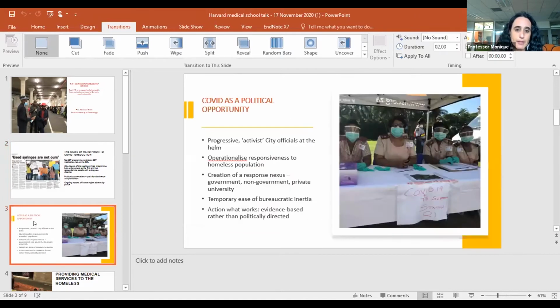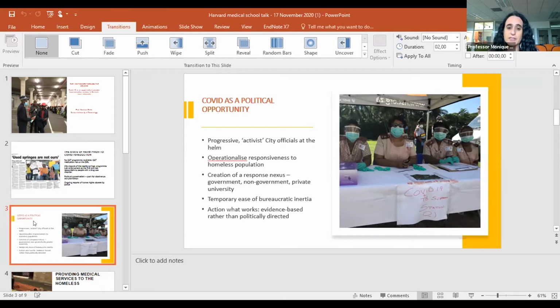And then COVID emerged. What happened is that it mobilized what I've called here activist city officials, people from within the city. When I talk about the city, I'm talking about people who work in the municipality itself as a state body, who realized that something more radical had to be done, and that we had to take care of vulnerable population groupings.